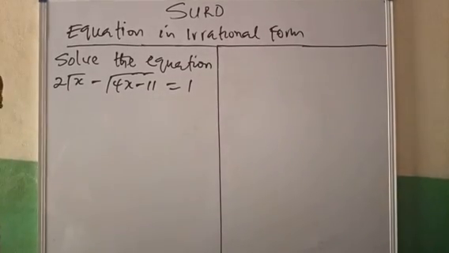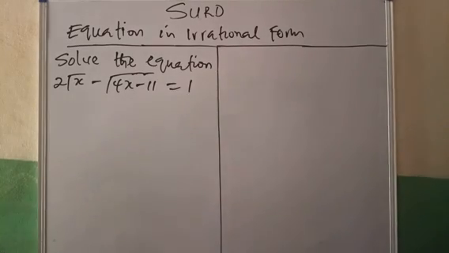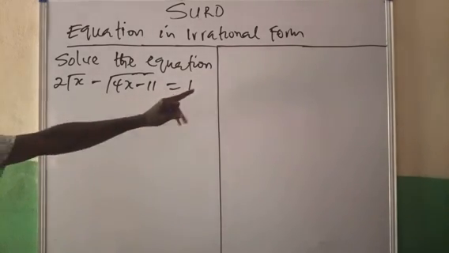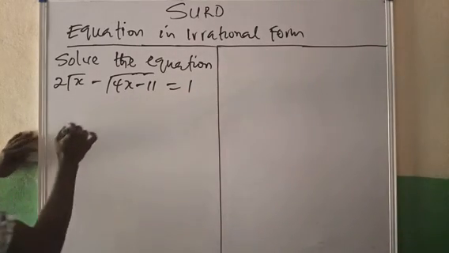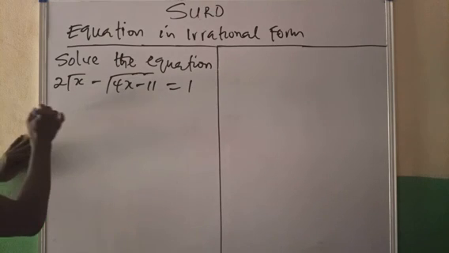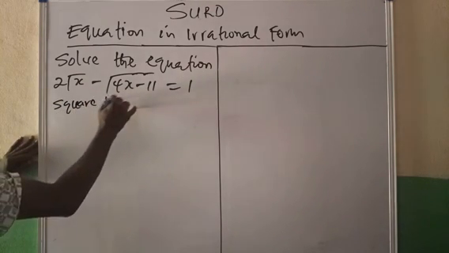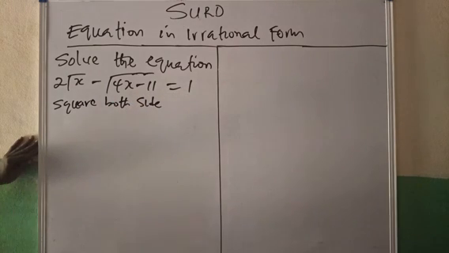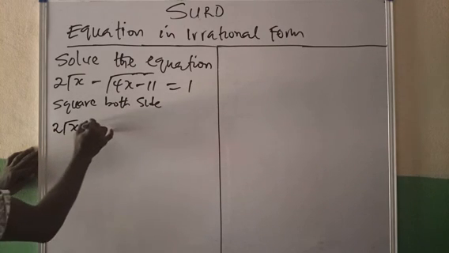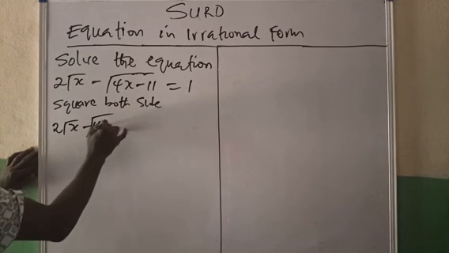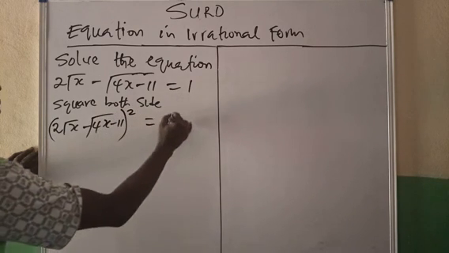Now let's take another example here. We have 2 root s minus the square root of 4s minus 11 is equal to 1. If I square both sides, you have (2 root s minus the square root of 4s minus 11) all squared will be equal to 1 squared.